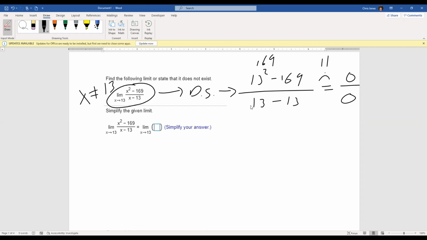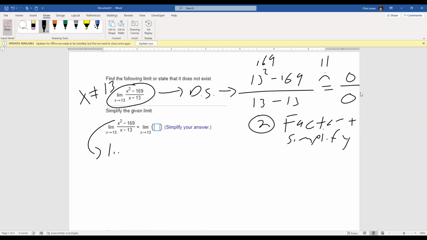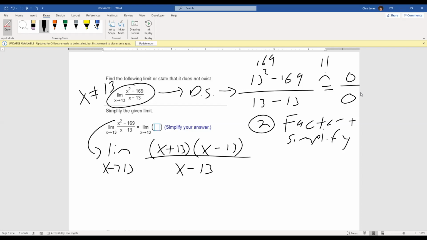No, it just means that we have to use our second technique, in which we factor and simplify. The numerator is a difference of squares, so we can factor it. Our limit as x approaches 13 becomes x plus 13 times x minus 13 over x minus 13. As you probably remember from pre-calculus, once you simplify, you can cancel those out.